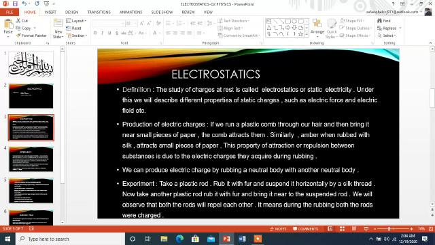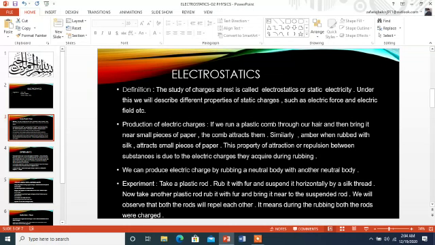We can produce electric charge by rubbing a neutral body with another neutral body. So when we rub a neutral body with another neutral body, they acquire charge. And remember, this process of rubbing makes a neutral body a charged body only for insulators.